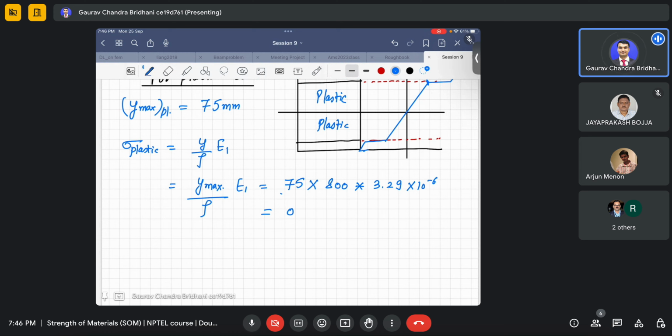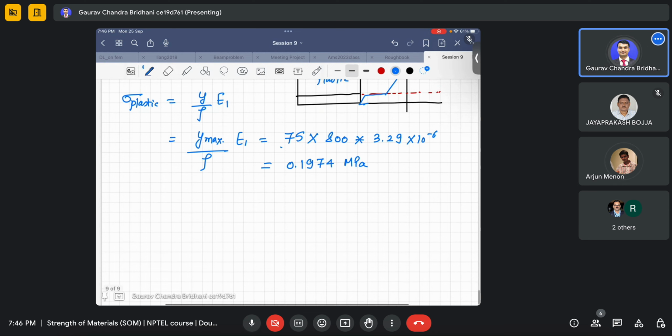So 0.1974 MPa. Okay, so this is the maximum stress which will come in plastic. Now the objective goes to aluminum.